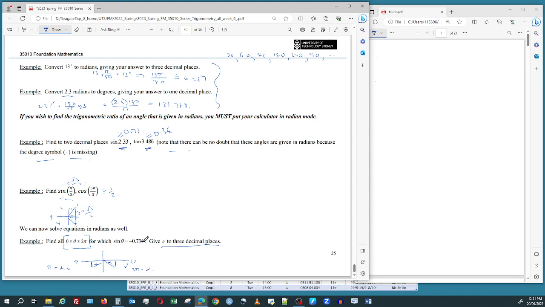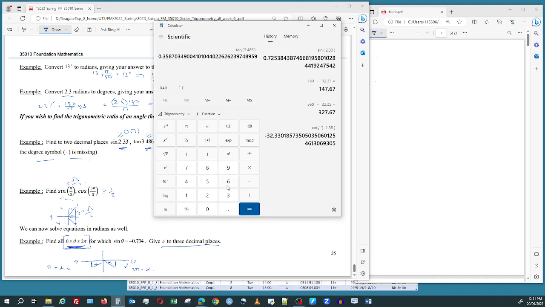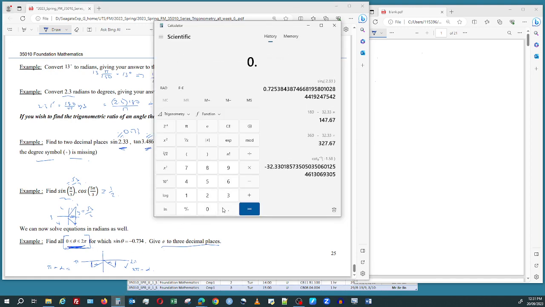Okay, so when we solve this, we're using pi's instead of degrees, so you have to watch the interval very carefully. Which interval is it? So if I put in 0.734 minus, take the sine of this, it's giving it to me as a negative radian.